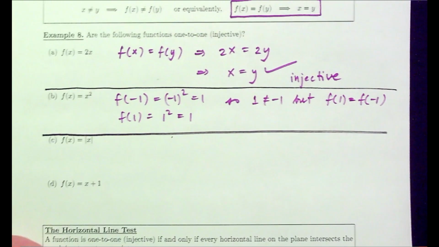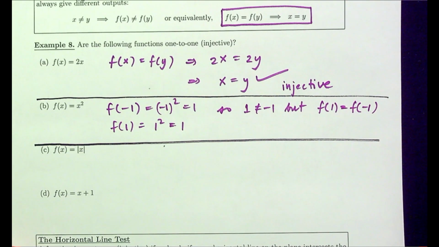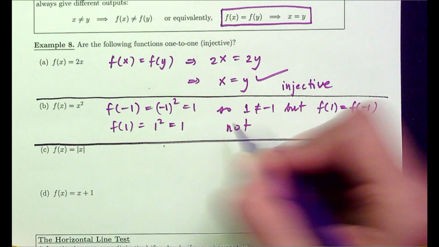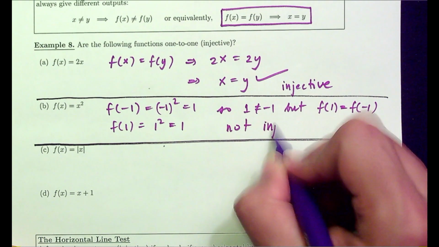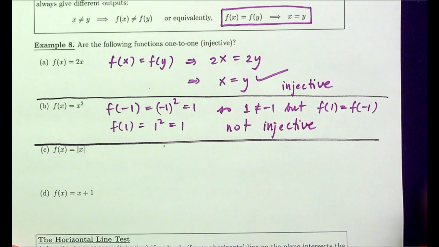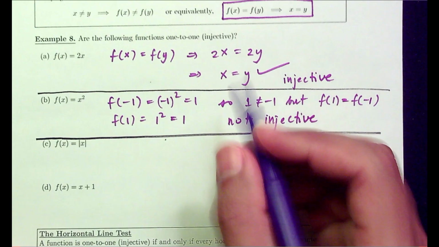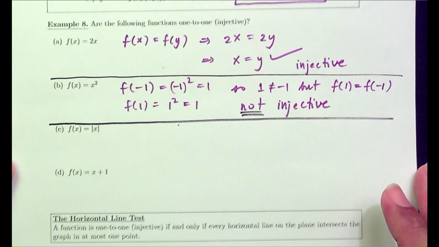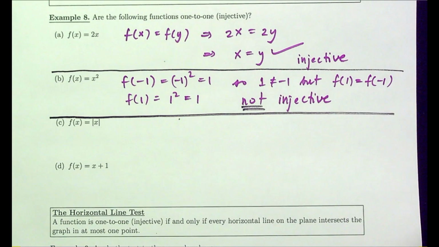That cannot happen if the function is injective. So this is not one-to-one, not injective, because we found two different numbers that have the same output.